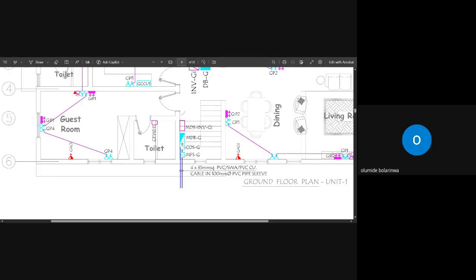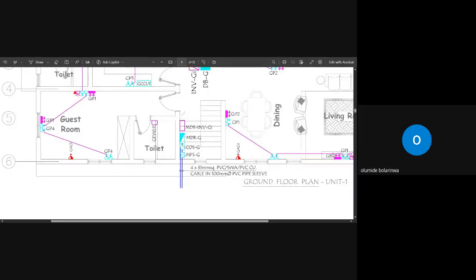This MDB is what? Main distribution board, yes or no? Yes, sir. This main distribution board is not like a normal DB that we erect inside the building or inside the wall. You understand what I mean?